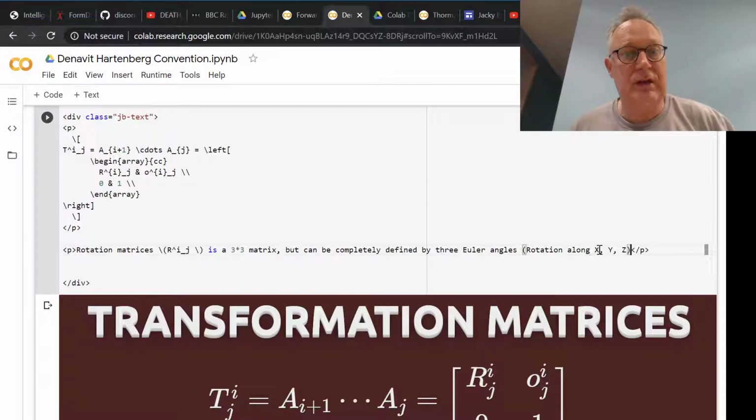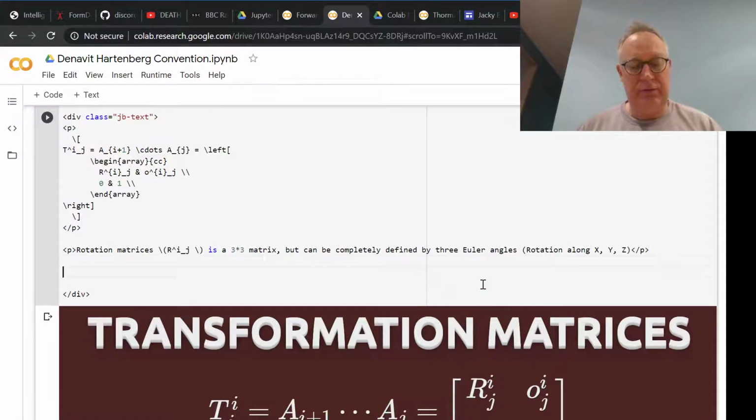If I rotate z first, then y, then x, I get a different result from rotating x, y, z. So we have to make sure that we rotate them in the right order. However, it means that 9 variables here can be defined by 3 values. So that means I really only have 6 unknowns.